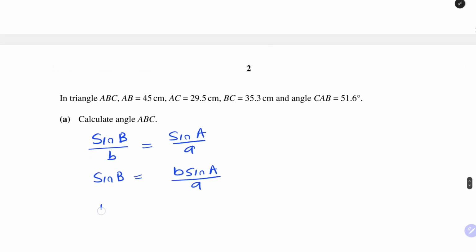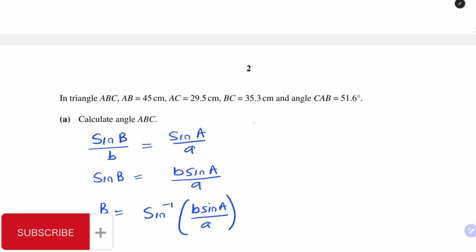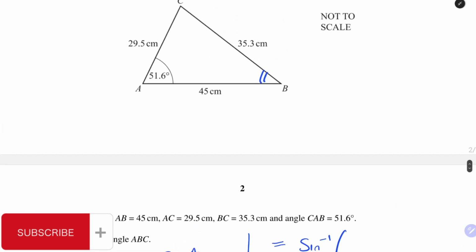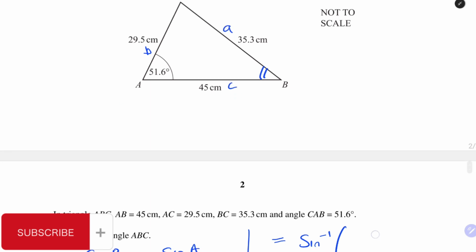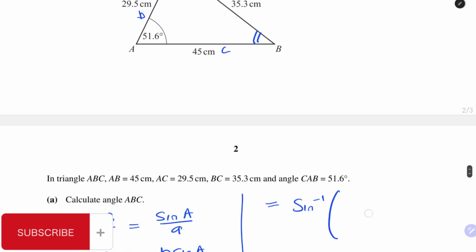And then our B will be given by sine inverse of b sine A over small letter a. Now let's substitute our values in. This is going to be the sine inverse. What's our b again? Our b is right here. This is b, this is a, and this is c.